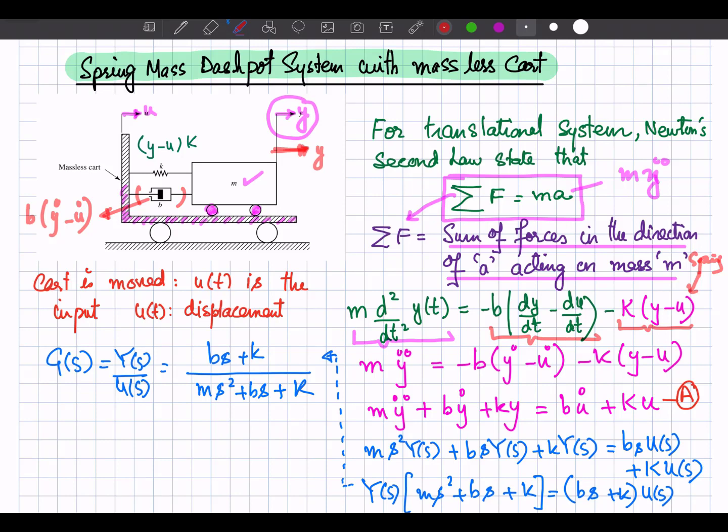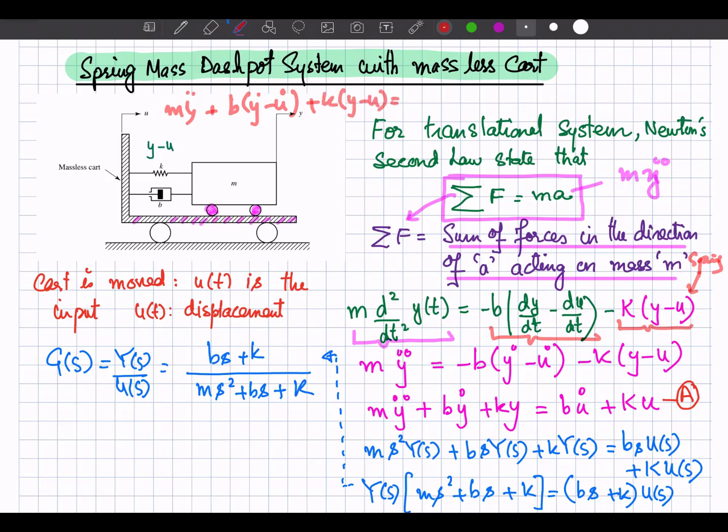So we can write down the force balance equation for this mass. So that is equal to ma, that is m y double dot plus b into y dot minus u dot plus k into y minus u, that must be equal to 0.